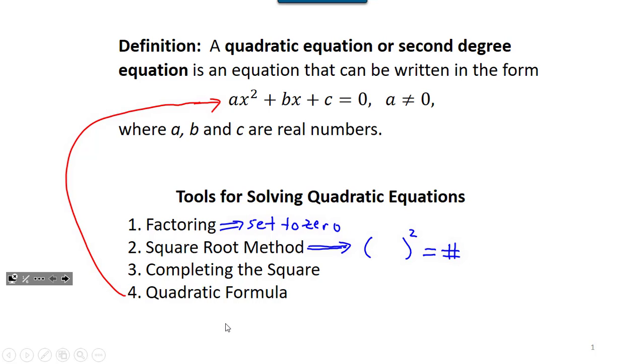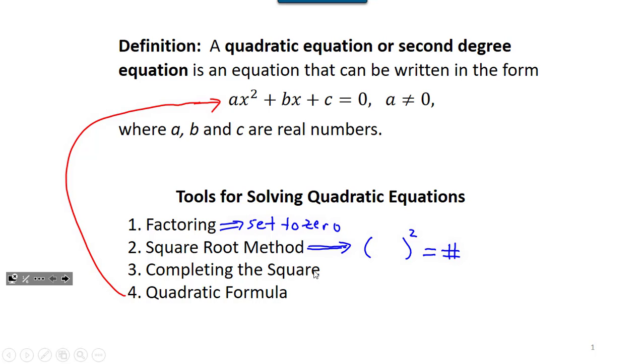But the biggest thing with each one of them is, with factoring, set it to 0. See if it's something you can quickly and easily factor, that's the best way to do it. Square root method, if it's in this form or if you can with a couple of steps algebraically get it into that form, then that is probably going to be your quickest and easiest way to get there.